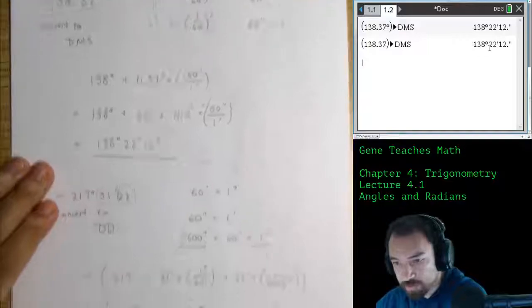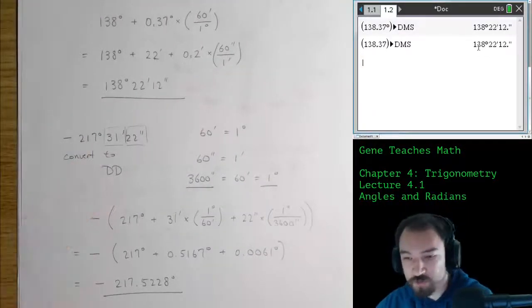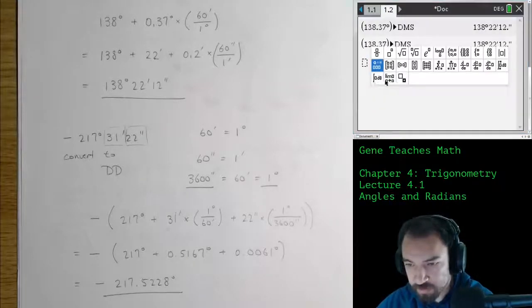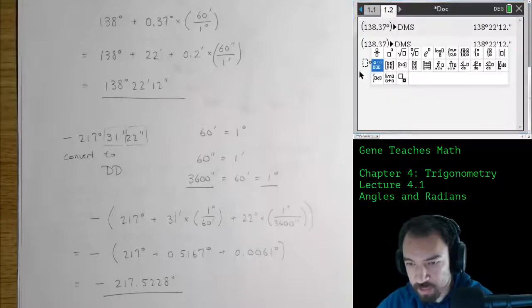Now let's do the opposite. So if I want to start with DMS and turn it into decimal degrees, I need to be able to format in DMS first. If I hit the button next to the catalog, this brings up different input formats. So what if I click this, that was in the middle on the left, that's degrees, minutes, and seconds.